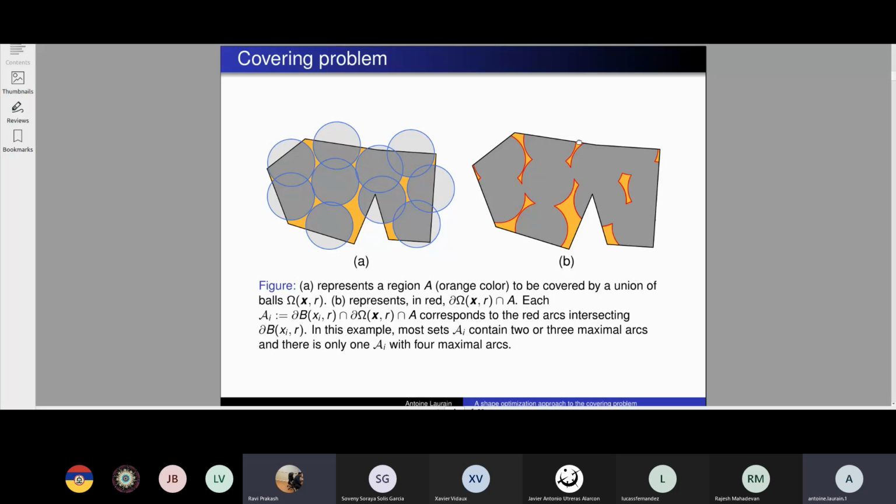So the calligraph AI is just a union of arcs, all the arcs which are on the boundary of the set omega. This caption says that most of these sets AI contain 2 or 3 arcs in this example.